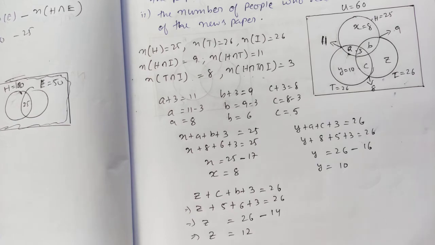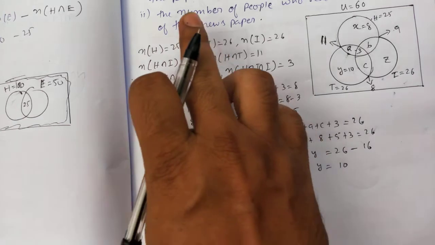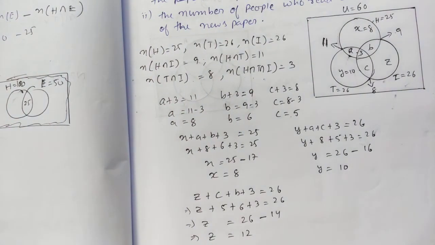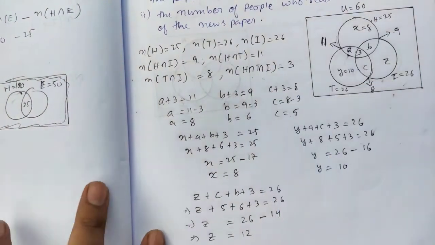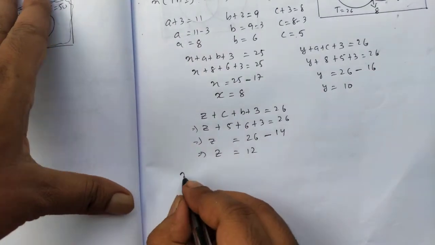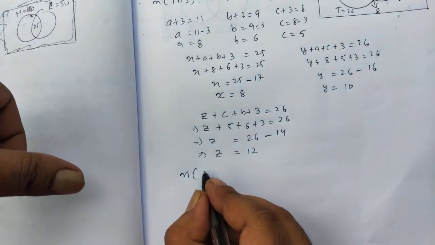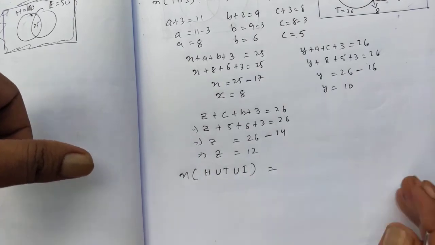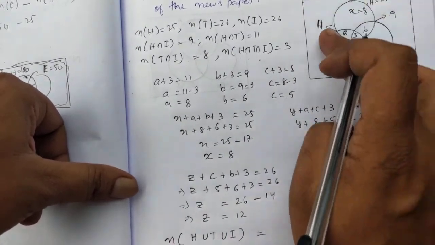Now your question is the number of people who read at least one of the newspapers. That means you're going to combine everything, okay? H union T union I. So you have to add everything. This three circle also you have to add.